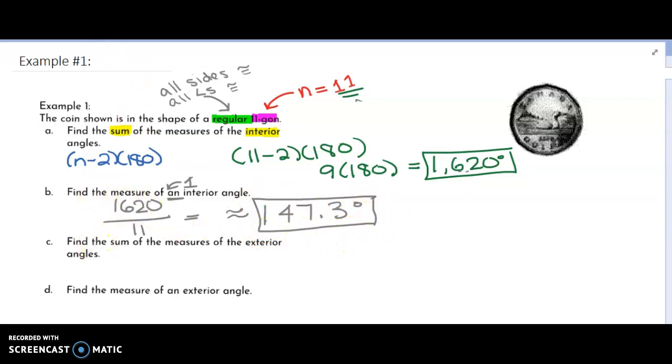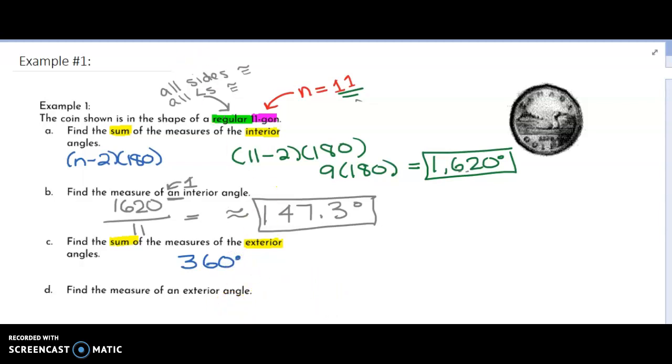All right, part C. It says find the sum of the measures of the exterior angles. Guys, this should be easy. Go look at your foldable: what's the sum of every polygon's exterior angles? The sum of every exterior angle is just 360 degrees.